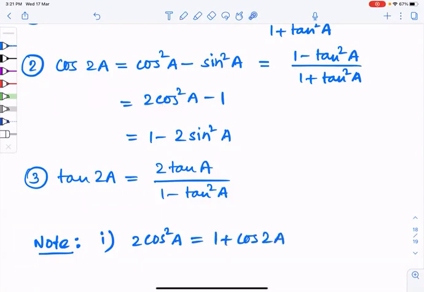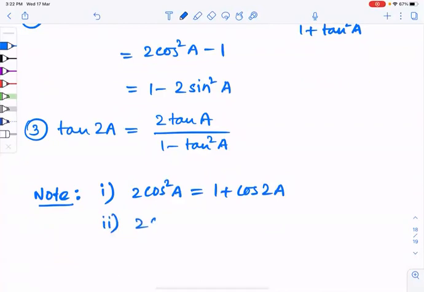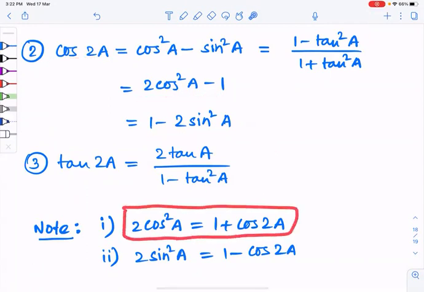In this, the left hand side has angle A, whereas the right hand side has 2a, double. So whichever way you need to use, you can use that. Number 2, you can write 2 sin square a is nothing but 1 minus cos 2a. And all these things should be remembered. You can remember only this formula, and from there you can easily get that. Why am I writing them separately? If you remember them, if it is visible, then you can get the idea to start solving a question.